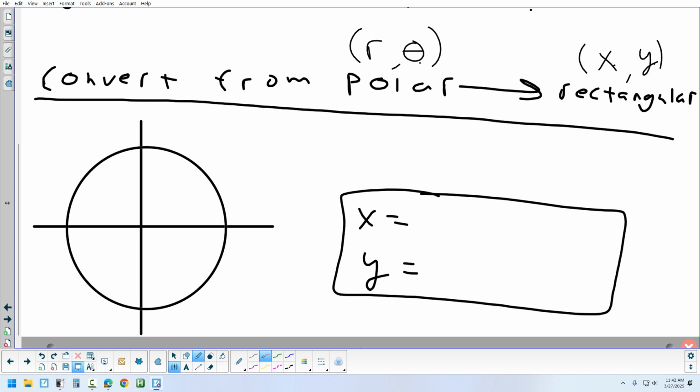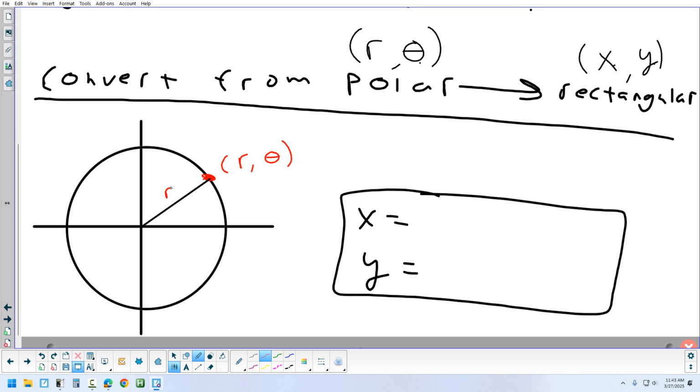Let's say we had a point in polar. I don't know what the coordinate is, just a generic coordinate, R theta. R measures what? Radius, which is the distance from that point to the origin. So this right here is R. That's my radius. What's theta? The angle between the polar axis and that point.